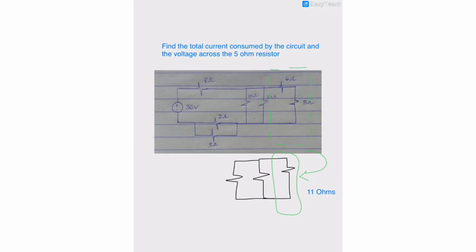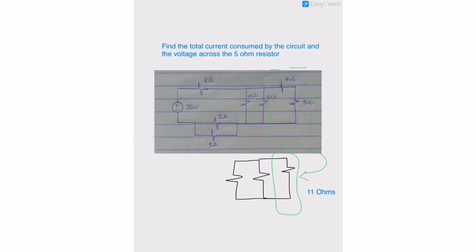So first thing to do is to get the voltage drop across this resistor. We can get the voltage at this node.